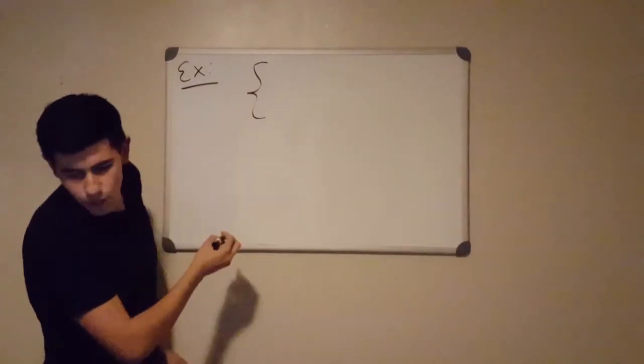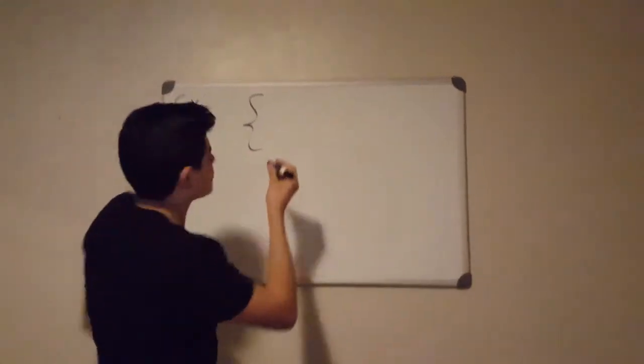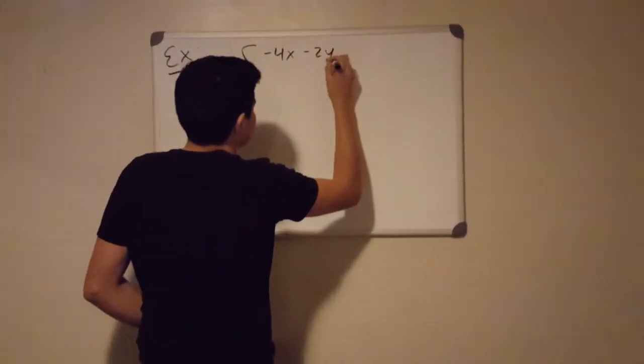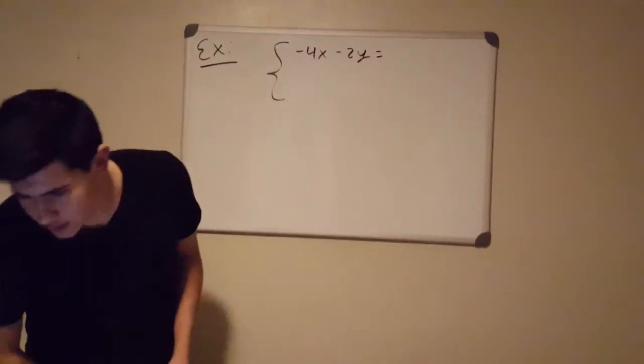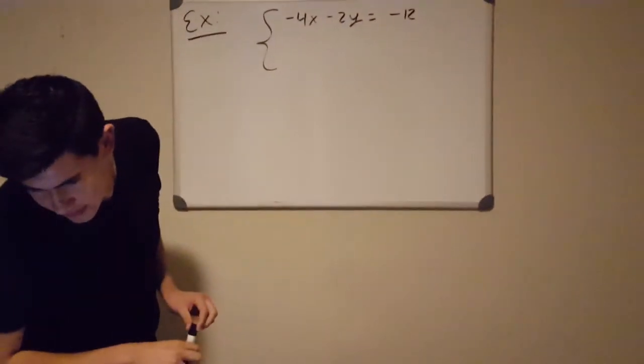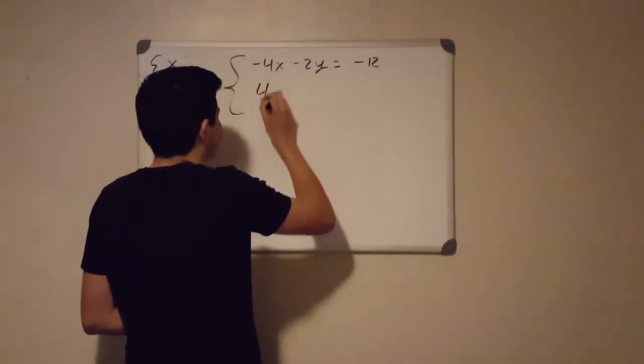So we have negative 4x minus 2y is equal to negative 12, and then 4x plus 8y is negative 24.